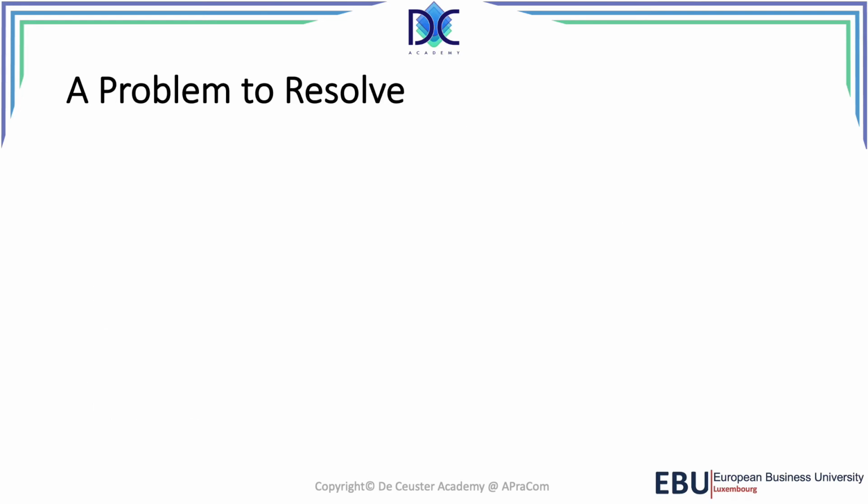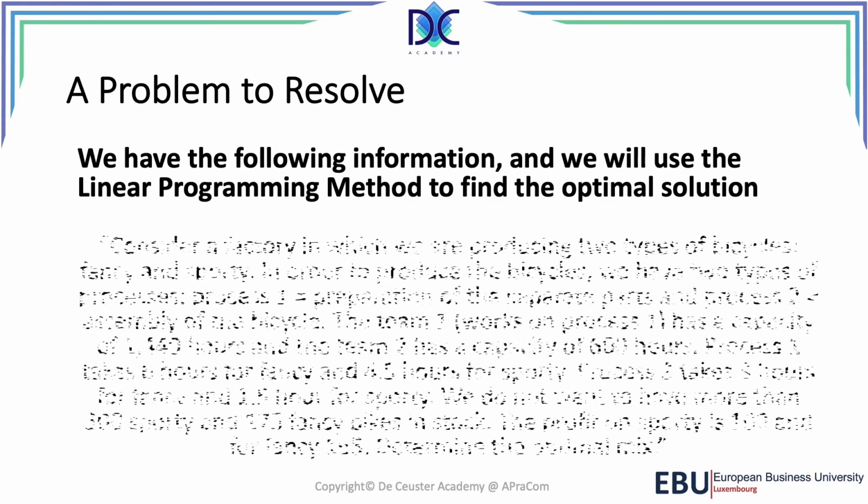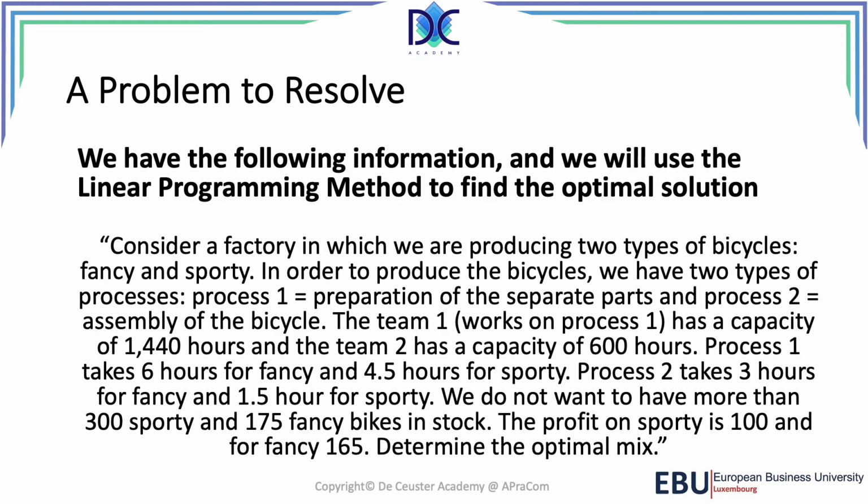Let's have a look at a problem to resolve. We have the following information and we want to have a linear programming method to find the optimal solution. It says, consider a factory in which we are producing two types of bicycles, fancy and sporty. In order to produce the bicycles, we have two types of processes.